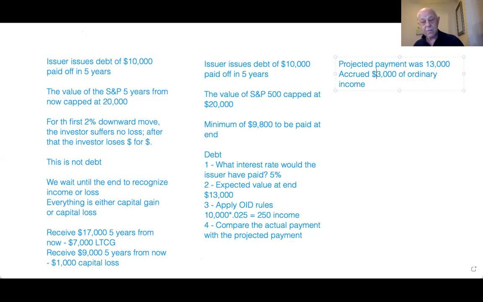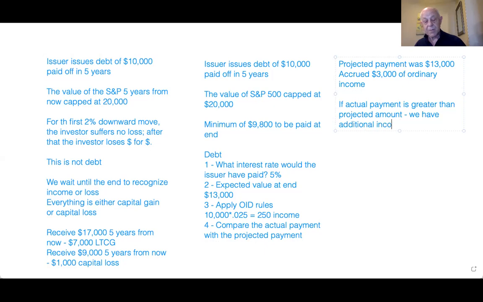And now we're going to say, okay, what's the actual payment going to be? Because what is the S&P now? If the actual payment is greater than the 13,000, so if actual payment is greater than projected amount, then we have additional income.